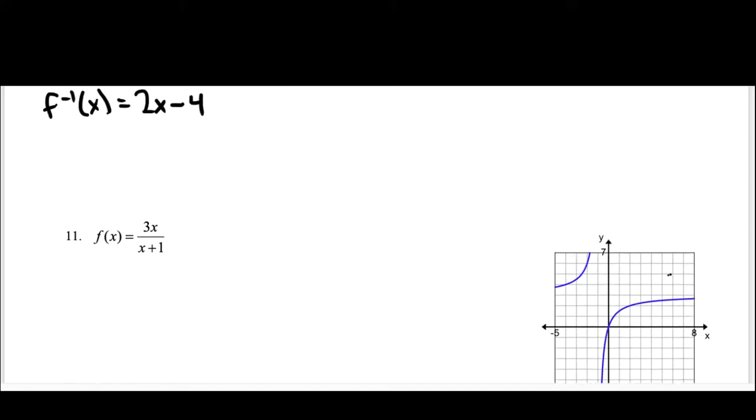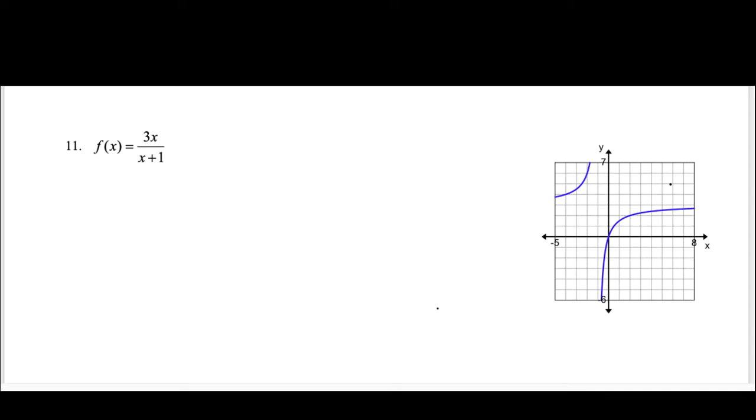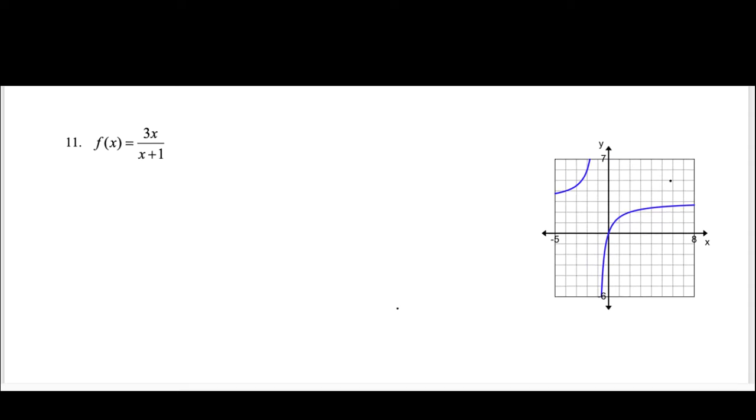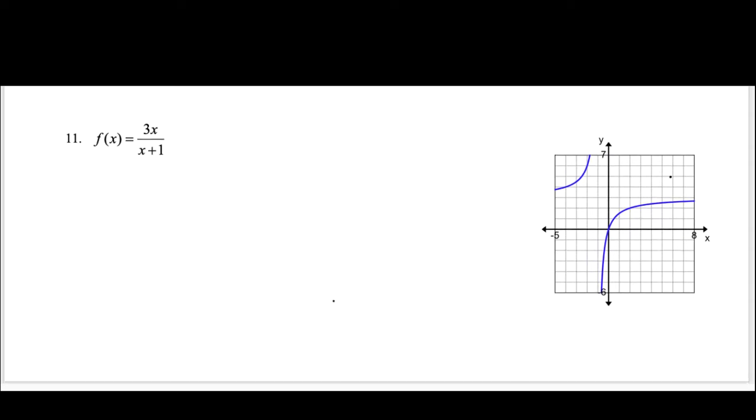Let's take a look at another one. In this one we have f of x equals 3x over x plus 1. So again, following the same procedure, replace f of x with y.